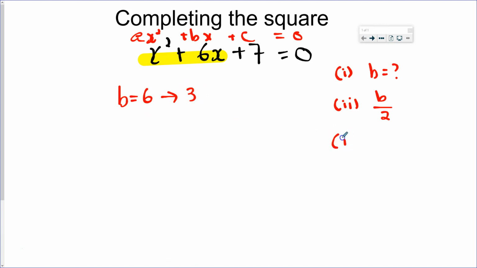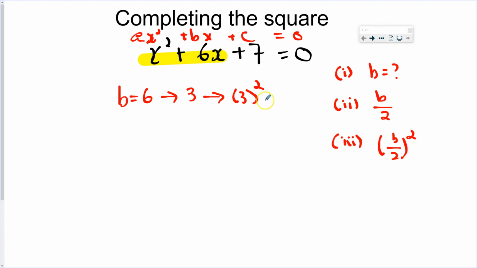Step 3: whatever you have from the second step, you're just going to square it. In our scenario, it's going to be 3 squared. I recommend you write these three steps somewhere in the beginning of your learning with completing the square: write down the b, divide it, and square that thing.